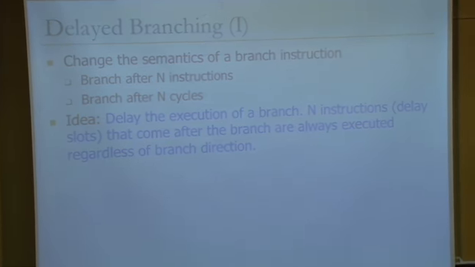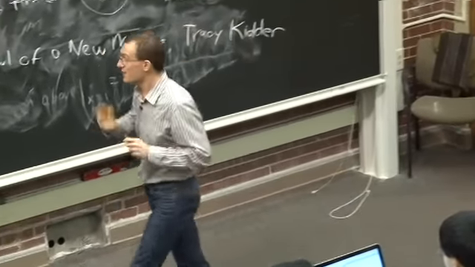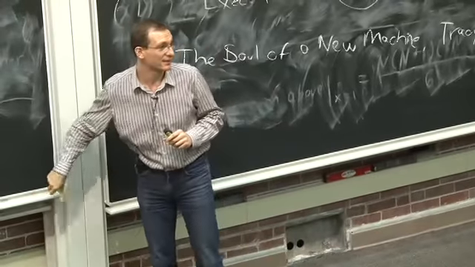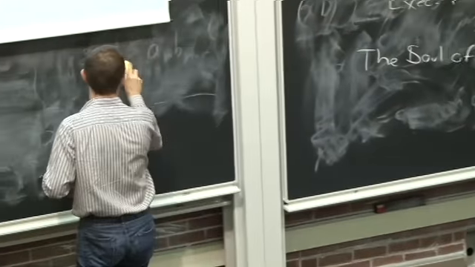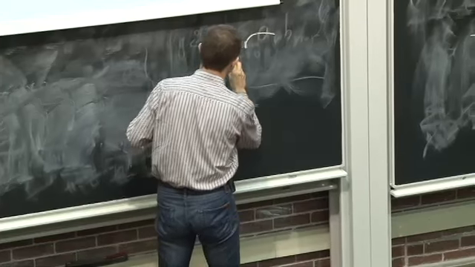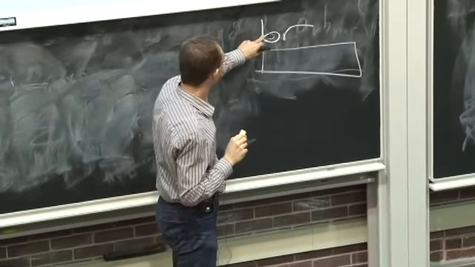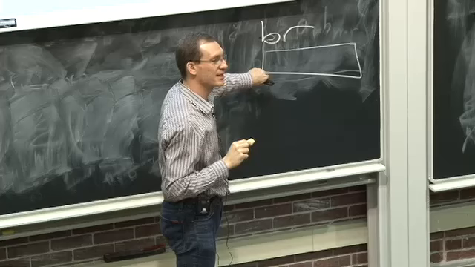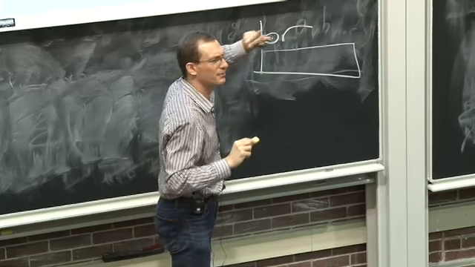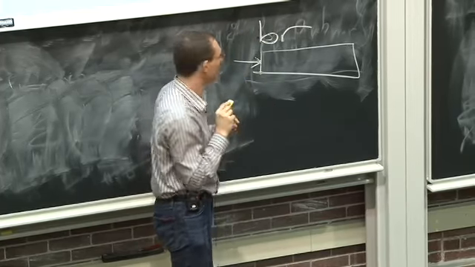Yes? Is this something the programmer is doing? Is it something you're typing? This is what the programmer is doing. Yeah. So the semantics of the branch at the ISA level is that you have the branch and you have the next instruction. If this branch semantic says that you always execute the next instruction that comes after the branch, regardless of what the branch does, then you have a one instruction delay slot.